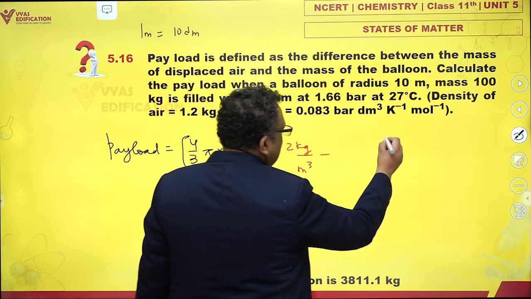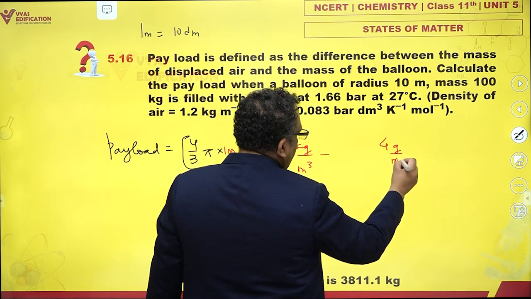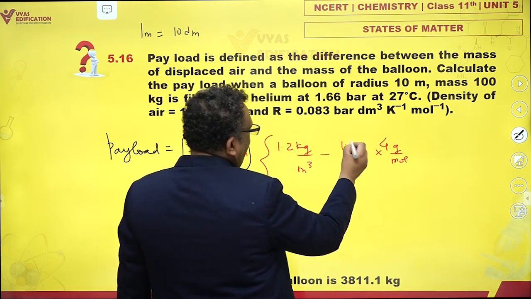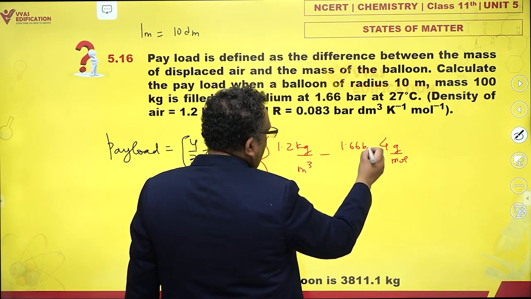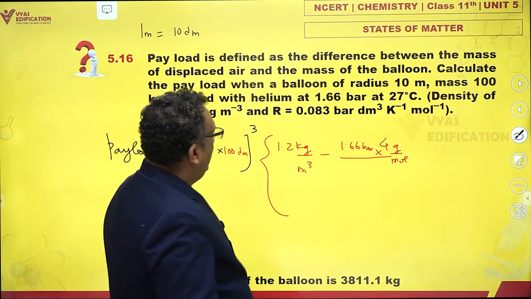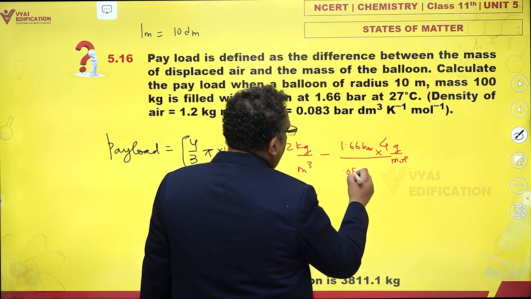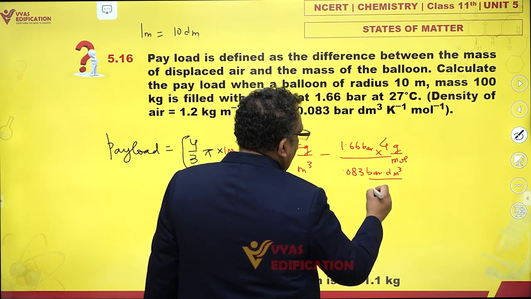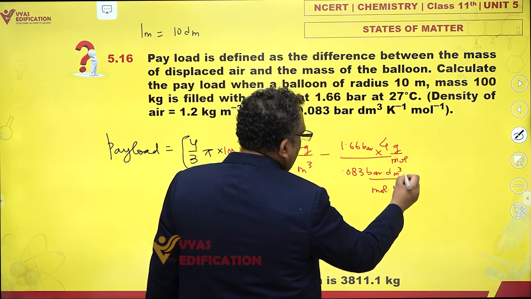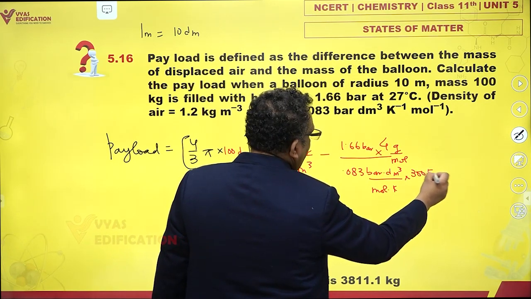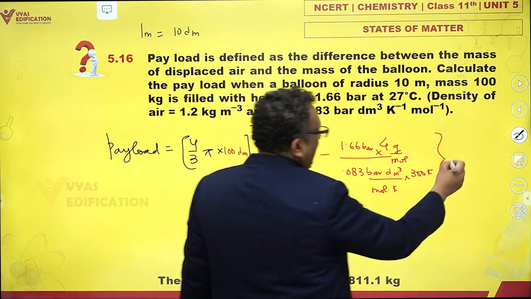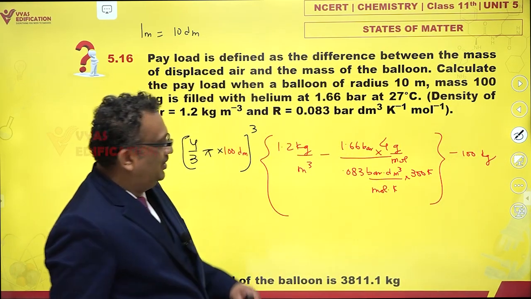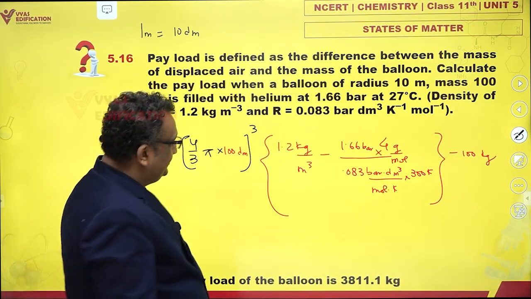Molar mass of helium is 4 grams per mole. Pressure of helium is 1.66 bar. Divided by RT, R is 0.083 bar decimeter cube per mole Kelvin into temperature is 300 Kelvin. Minus mass of balloon, which is 100 kg. Let it continue. Let's watch the fun.